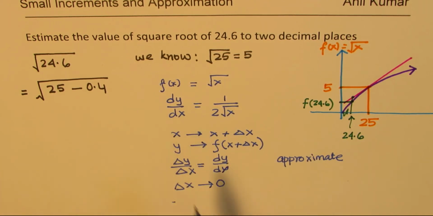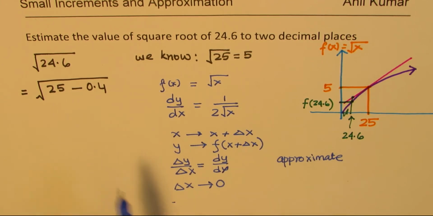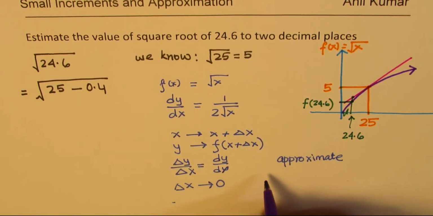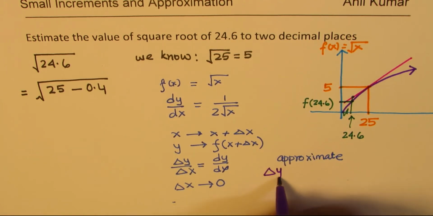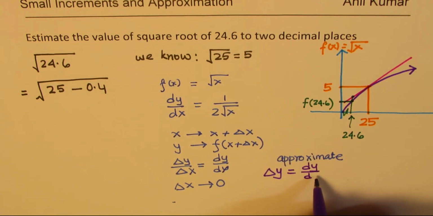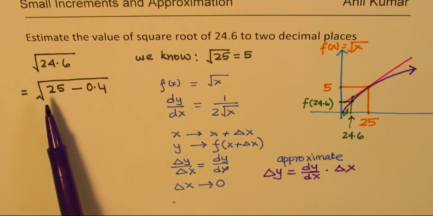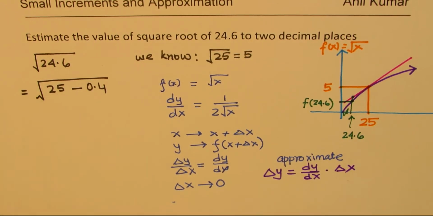Derivative. So from here we conclude that for a minor change, which is 0.4 for us, we could find a minor change in y also, right? So if you look into this, we can say approximately the change in the value of y should be dy dx times delta x. Correct? Now in our case, we are looking at the x value of 25, right?